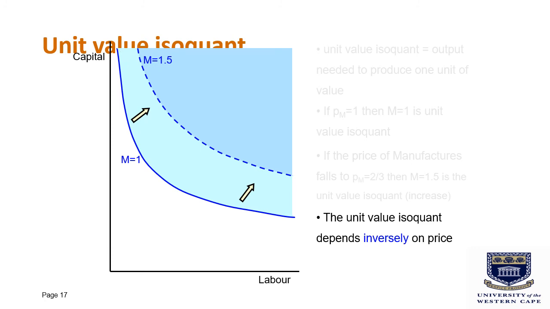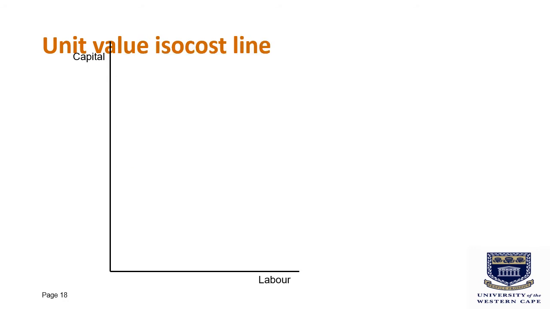What we can see then is that the unit value isoquant depends inversely on price. When prices go down, the quantity, or the value for M, would go up, and the other way around too.